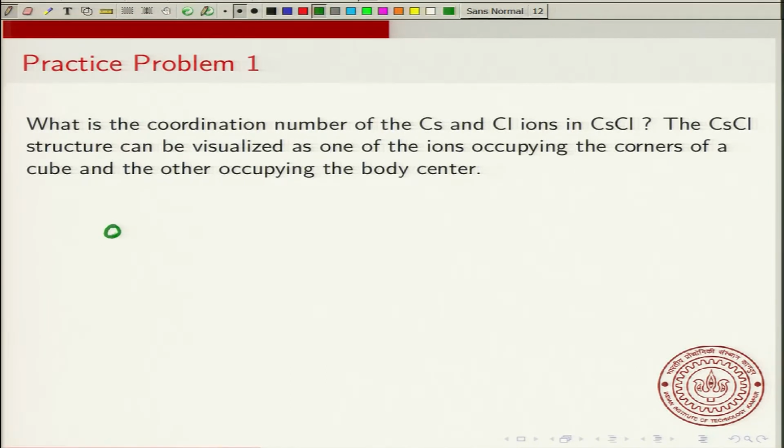If you put one set of ions at the corners of a cube, which I will show in blue, and the other is occupying the body center, which is at a height of z equal to half. And this is z equal to 0.